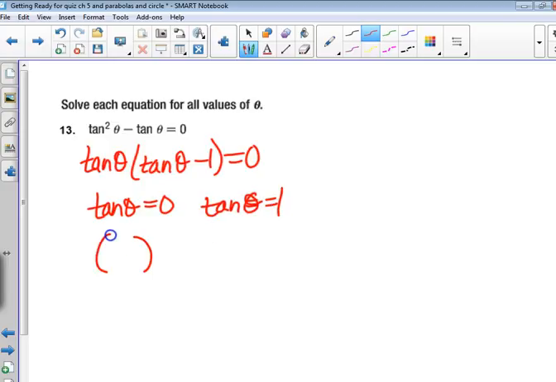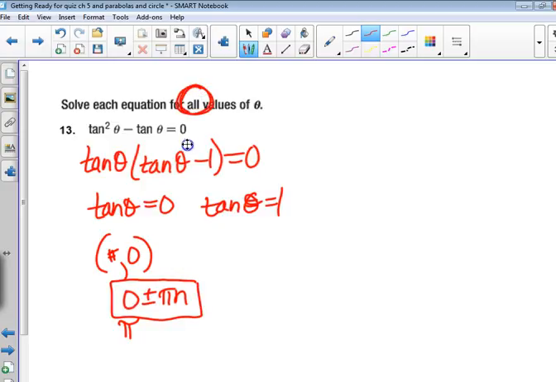But for a tangent to be 0, it's got to be y over x, so 0 over some number. So that would happen at 0 and pi, which are straight across from each other. The tangent has a period of pi.